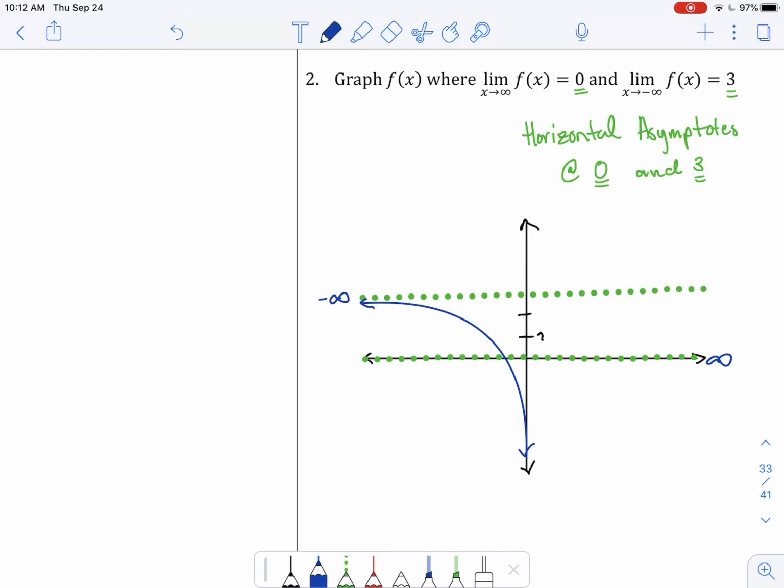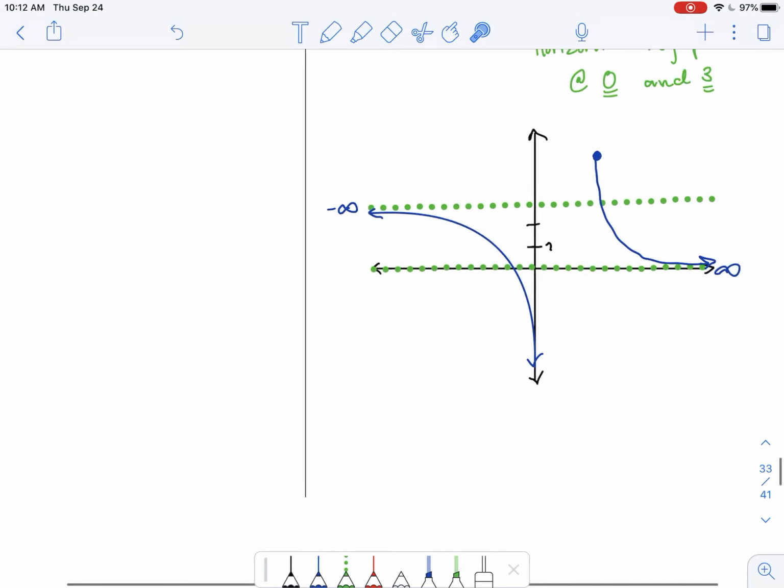We can draw whatever we want. I'm going to say, okay, well, it's going to have a discontinuity, and draw just a dot here, and then draw another horizontal asymptote going that way. Again, you can draw whatever you want in here. You should have approaching the asymptote at 3 with the negative side and at 0 with the positive side.